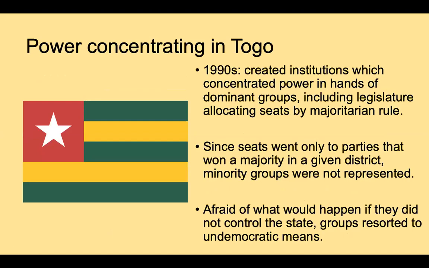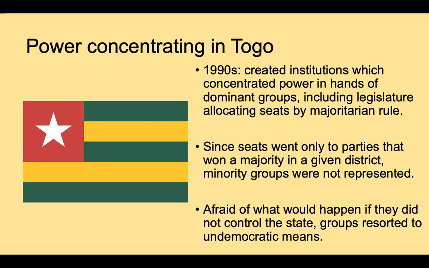Now in the 1990s in Togo, they also adopted a new constitution that created institutions, but these institutions created by this new constitution were very, very different. These institutions concentrated power in the hands of dominant groups, and this set of institutions included a legislature that allocated seats by majoritarian rule.